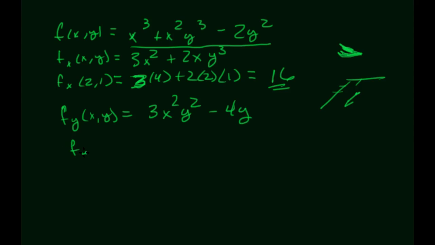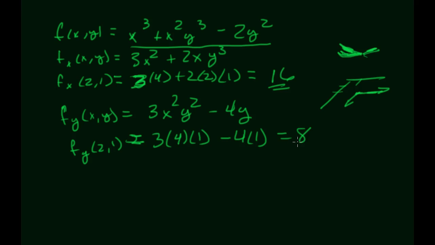So if I take that at (2, 1), that's going to give me 3 times 4 times 1 minus 4 times 1, so that's going to give me 8. So if I'm moving in the positive y direction, f is only moving up by 8. So it's going up much steeper in the x direction than it is in the y direction.